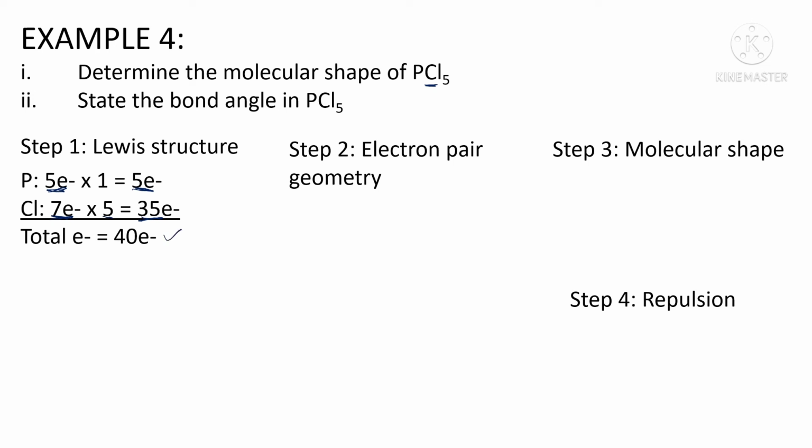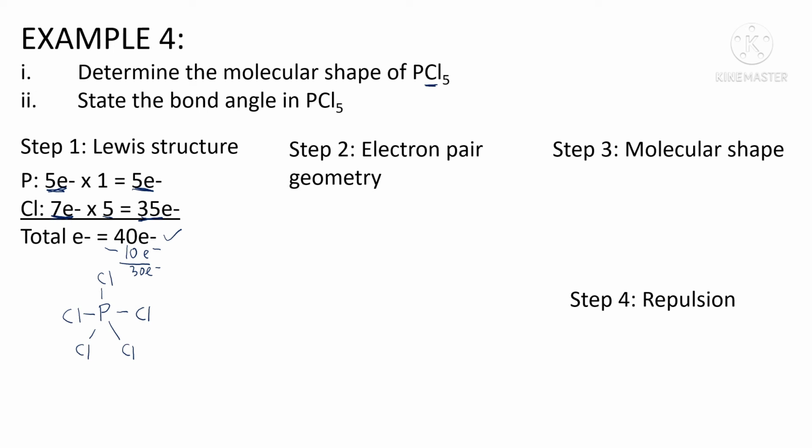Then we draw the skeletal structure for PCl5. Phosphorus, being less electronegative than chlorine, will be the central atom. By drawing the skeletal structure, we have drawn 10 electrons. Therefore, 30 electrons remain. Then we need to make the terminal atom chlorine octet.